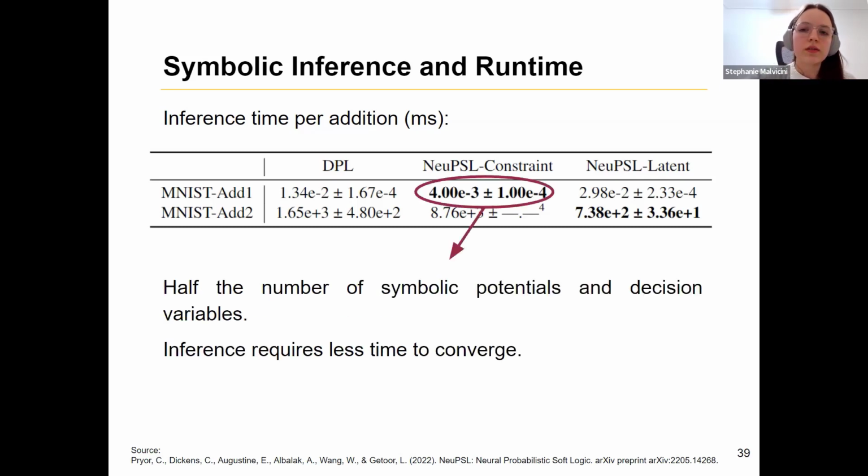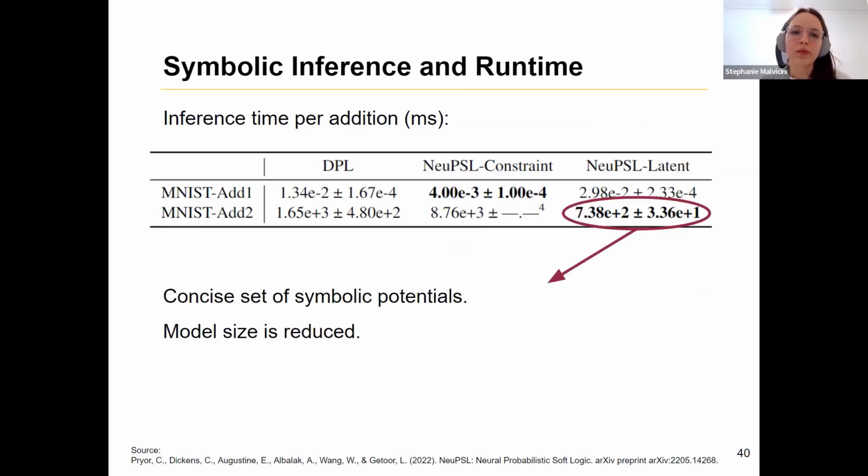And we can see that for the MNIST-1 task, the better version of NeuPSL is the one that has constraints, because we already saw that it has half the number of symbolic potentials and decision variables, so the inference requires less time.